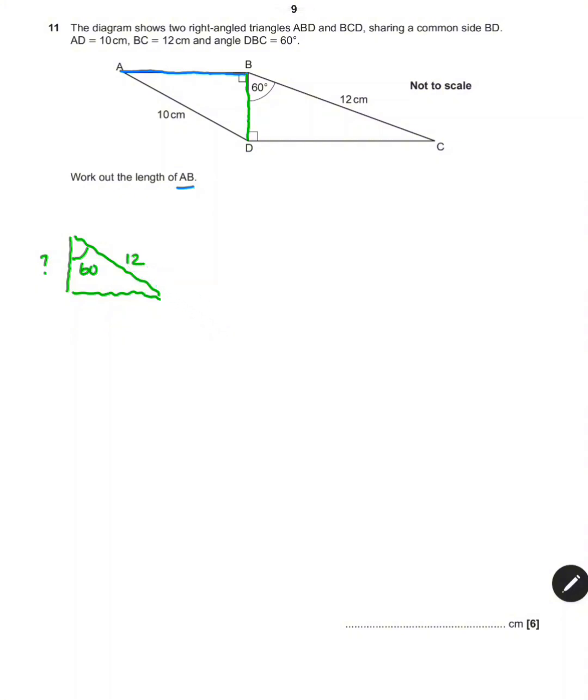This to me looks like a trigonometry question. So we've got the opposite, the side across from the angle. We know the longest side would be a hypotenuse, and that leaves this to be an adjacent. This is a hypotenuse adjacent question, so I'll quickly write SOH CAH TOA and figure out which I'm going to use.